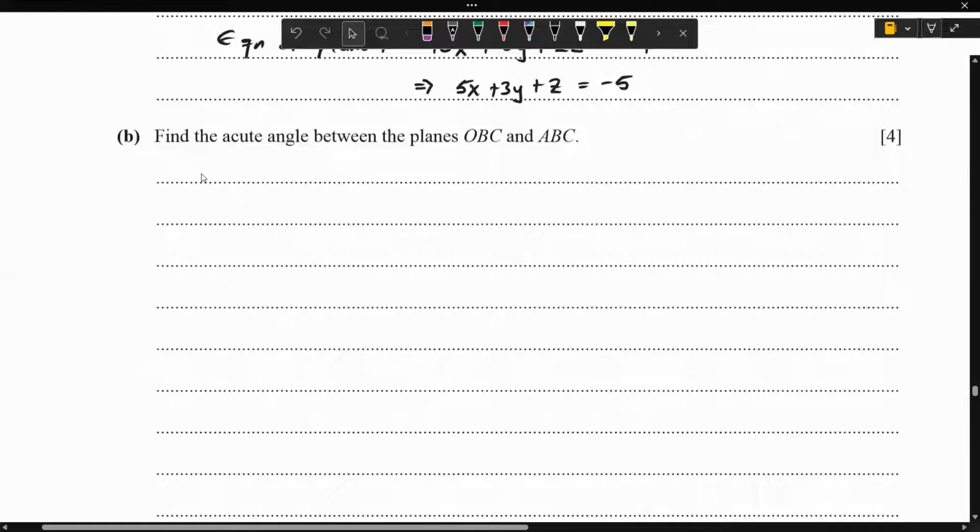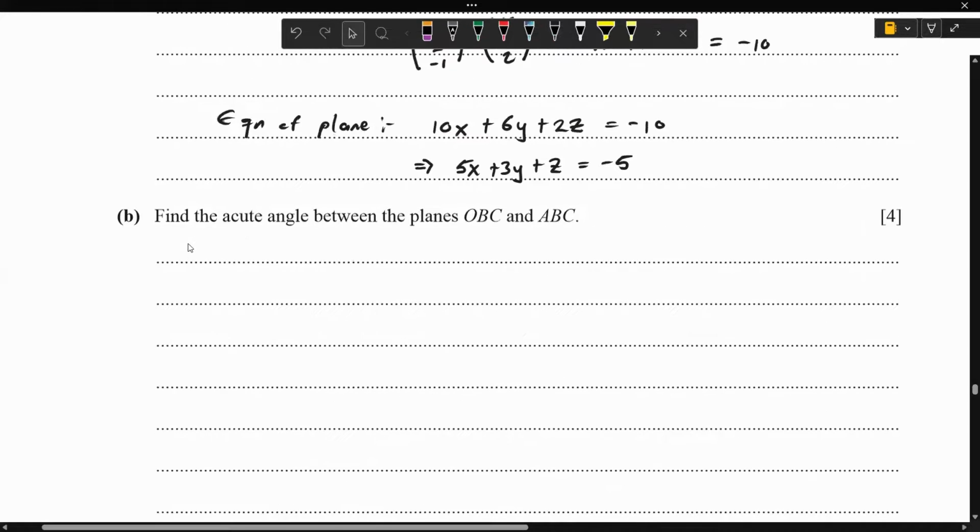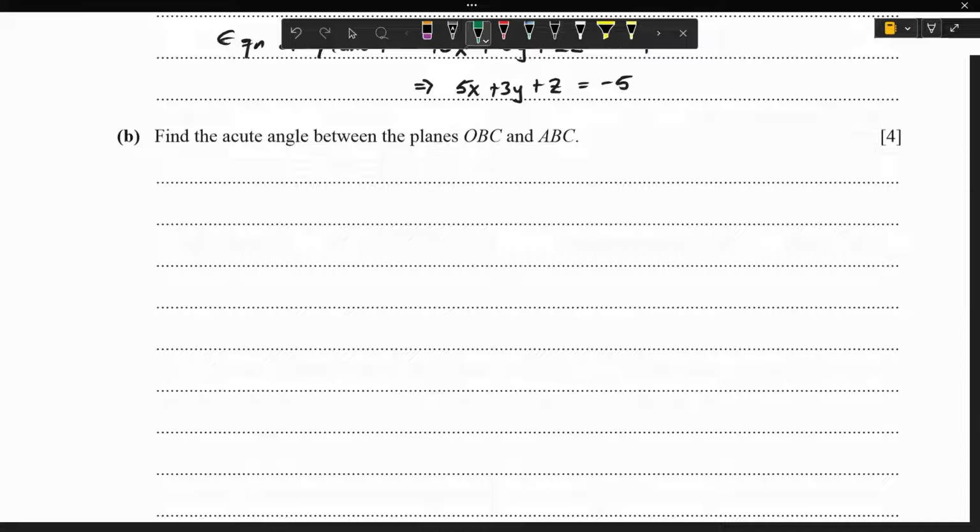On part B, the question says, find the acute angle between the planes OBC and ABC. So let's start with the normals, all right? Because to find the angle between two planes, we use cos theta is equal to n1 dot n2, which are the normals, okay?